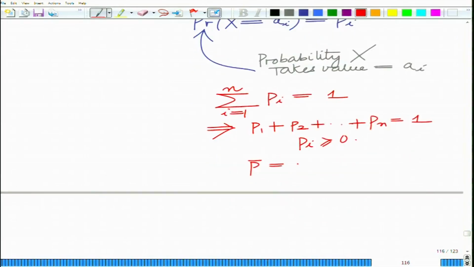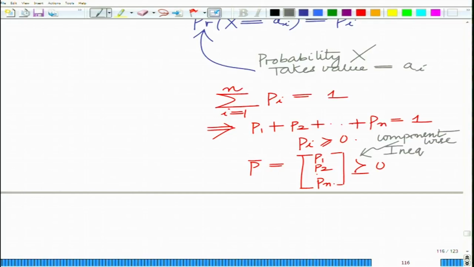If we denote this by the vector p bar equal to p1, p2, pn, then you can use the component-wise inequality symbol to say that each component of this vector p bar must be greater than or equal to 0. Now we want to examine some properties of this set of vectors p bar.